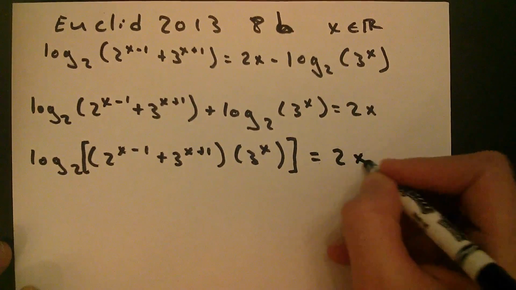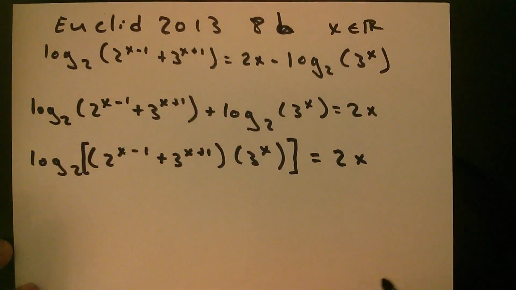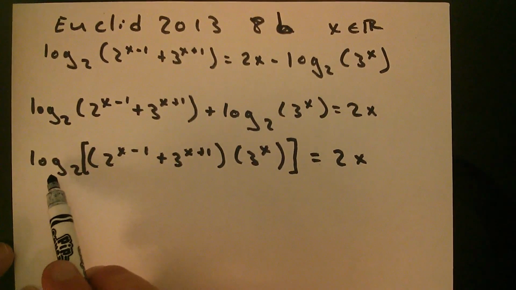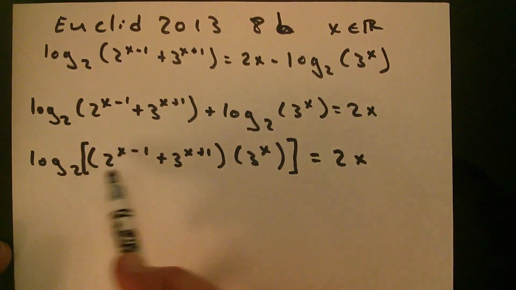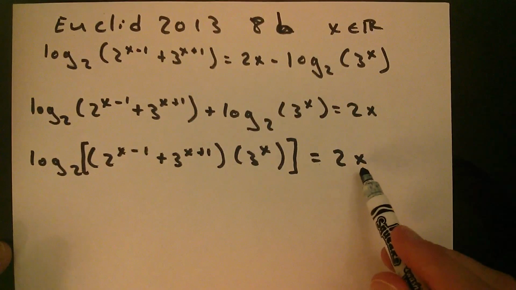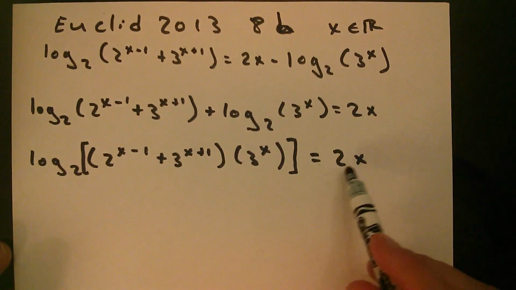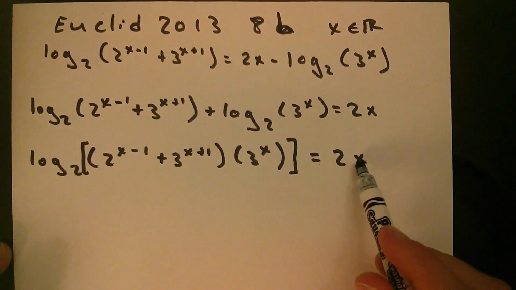equals 2x. Now I'm going to use another property of log here, which says if I have log base anything of this equals this, I can just move the base over to this side, and this will become the exponent on it.